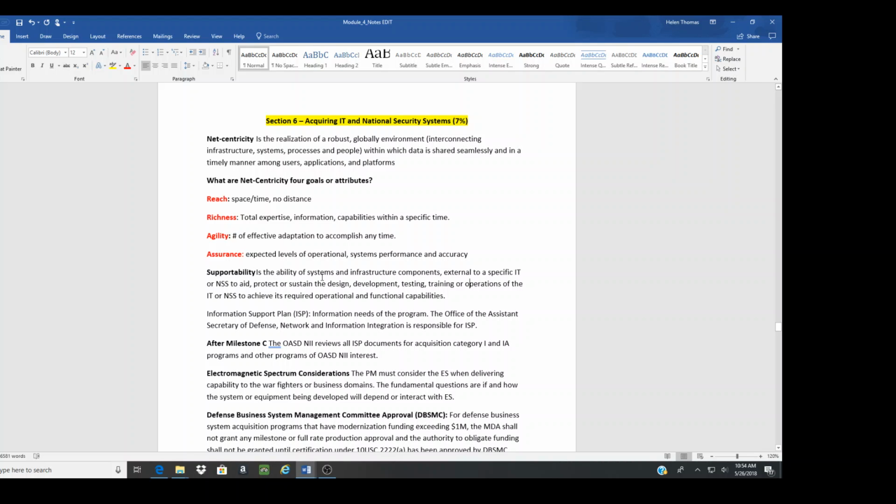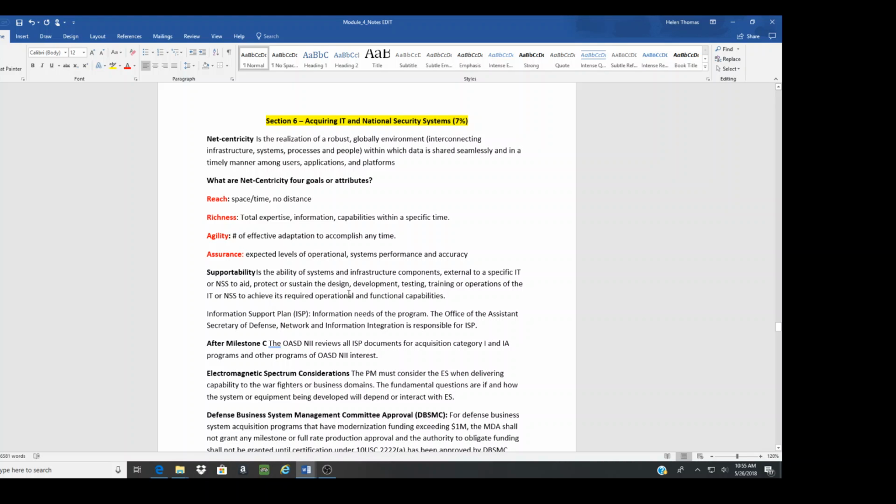So it's the ability of systems, whether internal or external to a specific IT or national security system, to help. If we have a system, we may need the internet, we may need the information technology realm to support the sustainment of that system that we just created.